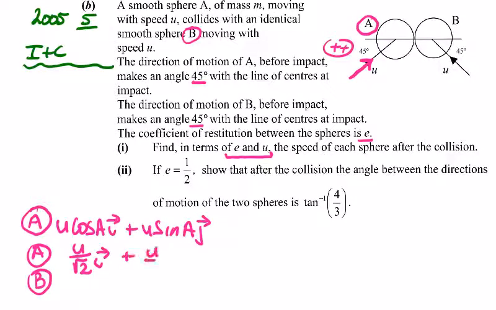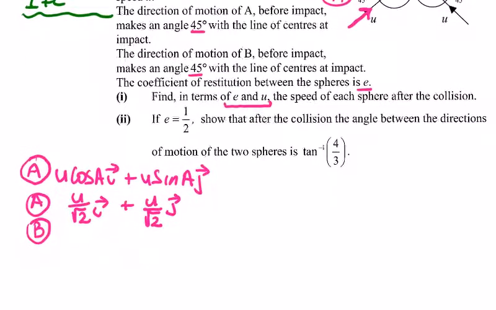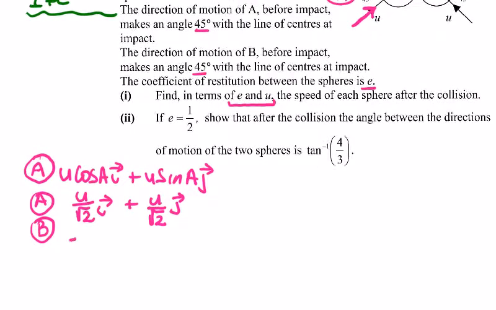Sine 45 is the same, making this question a little bit easier. U over root 2 in the J direction. And for B, in this direction, it's going in a negative positive, so we just have to change our signs. Negative U over root 2 in the I direction, plus U over root 2 in the J direction. It's what's happening with these spheres before impact.